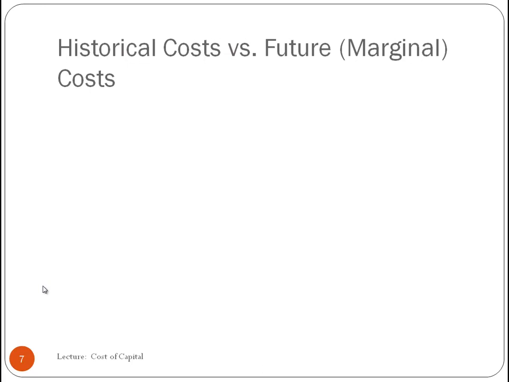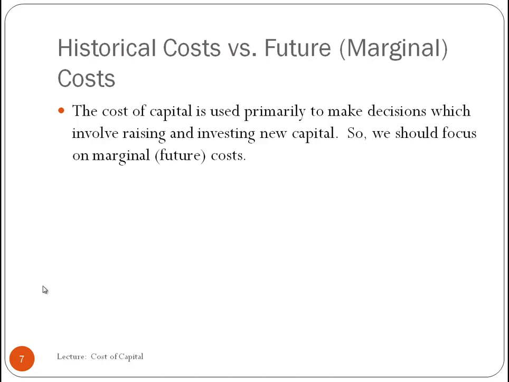Another issue is historical versus future costs, or marginal costs. The cost of capital is used primarily to make decisions which involve raising capital or investing new capital. These are future-focusing activities. So because of that, we focus more on the marginal or the future costs of capital.